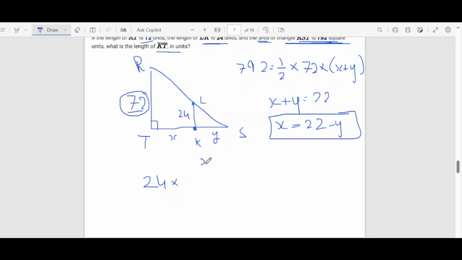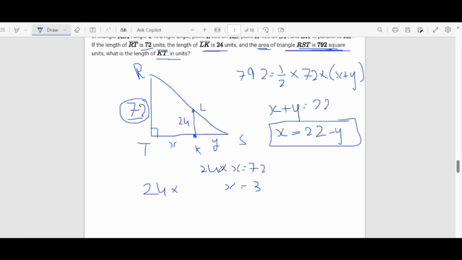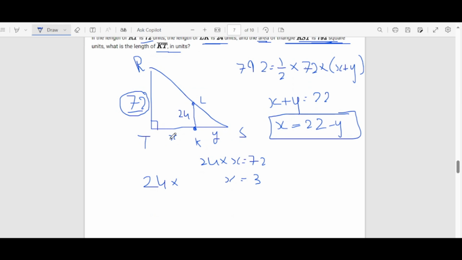So 24 into x equals 72. 72 divided by 24, x equals 3. So if we multiply 24 by 3, we get 72. Basically they are telling us that the length of TS is 3 times the length of y.